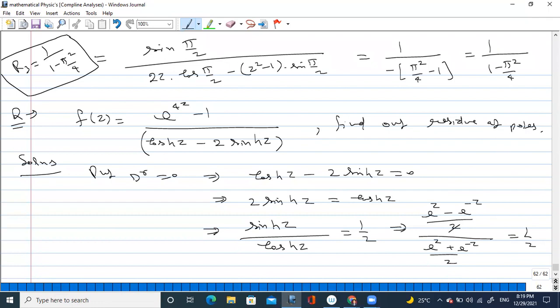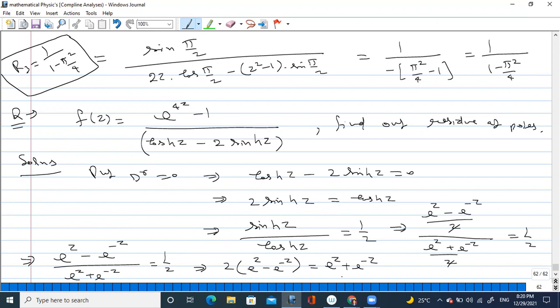The 2 and 2 cancel. So the answer is e to the power z minus e to the power minus z divided by e to the power z plus e to the power minus z equal to 1 by 2. Again, it can be more simplified. 2 will be multiplied here. It will become twice into e to the power z minus e to the power minus z equal to e to the power z plus e to the power minus z.